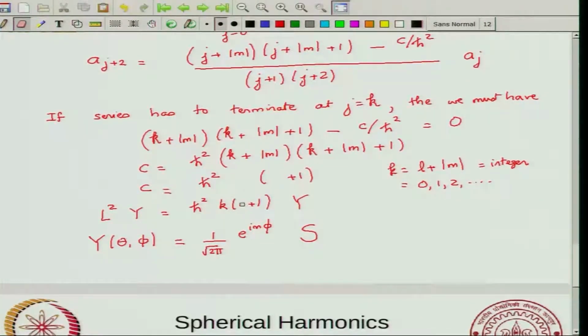So I'll use the notation L, where you have L equal to k plus m. So I said the series has to terminate at j equal to k, then you must have this relation.